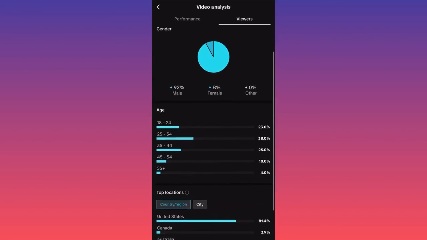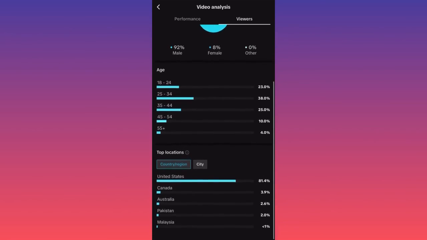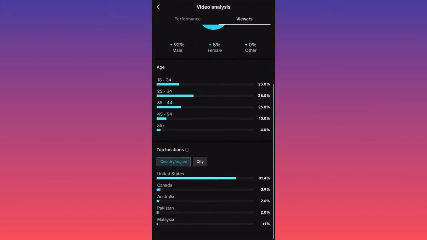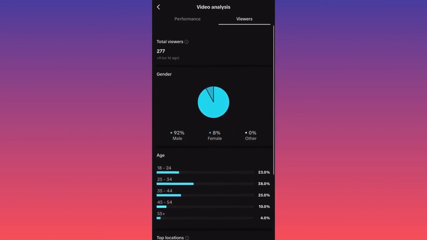You will see the gender here, the majority of which are male, only 8% female. We have a full breakdown of the ages of the followers or viewers of this particular video. We also have top locations, and a city breakdown, where people are watching and interacting from.